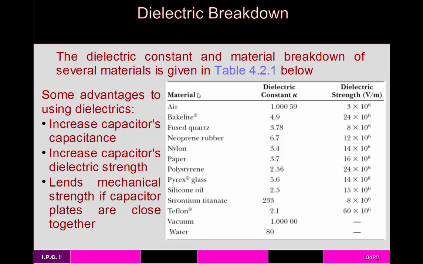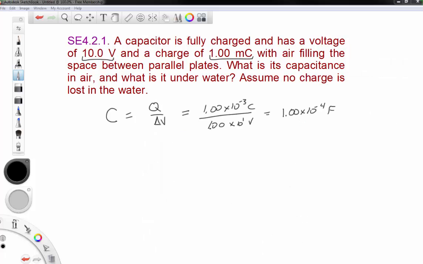Basically, to answer that, we can pull up this table, and we notice that water has a dielectric constant of 80 and air has a dielectric constant of approximately 1. Therefore, we could write something like C water is equal to kappa water over kappa air times C in air, where this thing that we found up here is C in air.